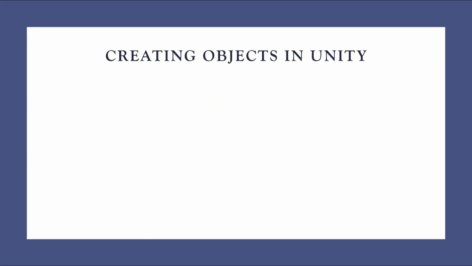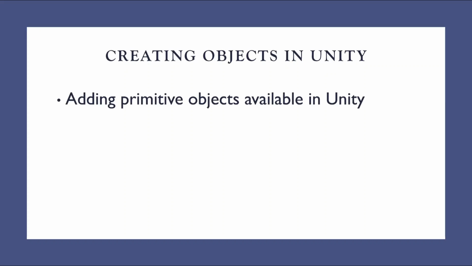In Unity, you have an option of adding primitive objects which are already available in Unity, like cube, plane, all these things. You can just make use of those as per your requirement of designing a scene. Or else, if you're not sure how to design, predefined external 3D objects are also available. You can make use of them and add them to your scene.